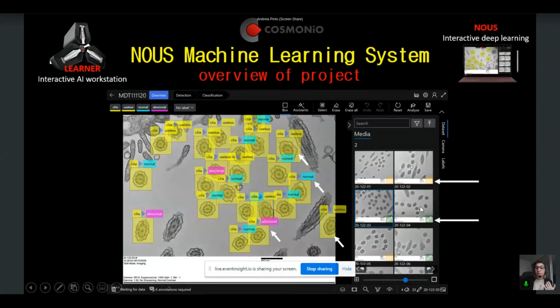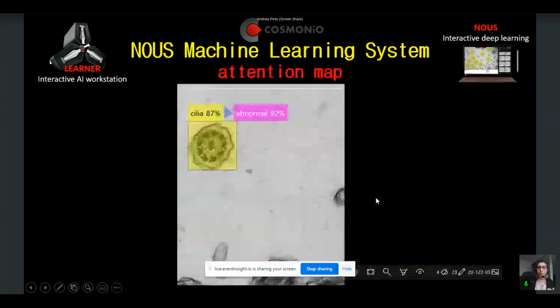On the right-hand side here, we see the media, so all our images, and whether they are already trained or not. If they have a green sticker, it means they are trained. If they have a yellow sticker, it means they need to be trained or to accept the suggestion made by the software. So just an example of how this works.